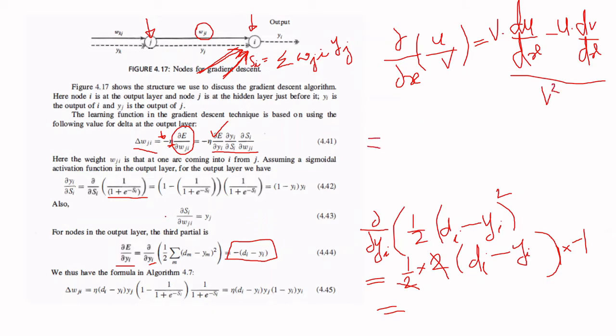So how do we calculate that? u in this case is 1 and v is 1 plus e raised to minus s_i.